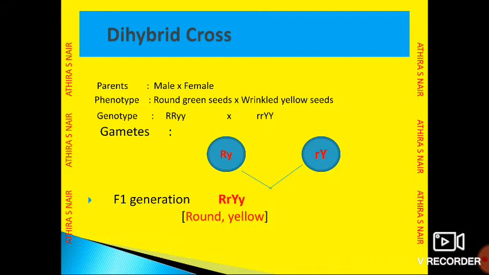As you know, only one type of gamete is formed from the round green seeded plant, and one type of gamete from the wrinkled yellow seeded plant.